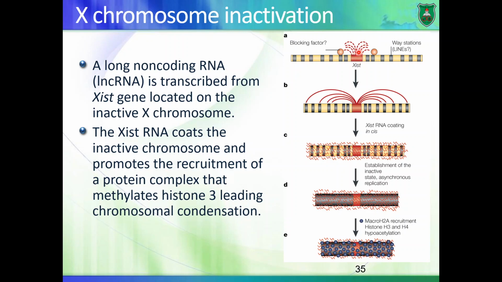So you have transcription of the long non-coding RNA molecules from this gene known as XIST. So you have production of a lot of RNA from this XIST gene, and what this RNA does is that it coats this X chromosome.